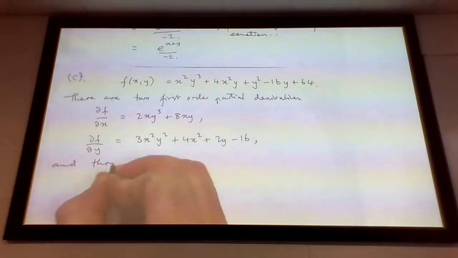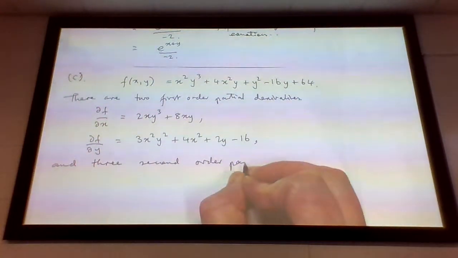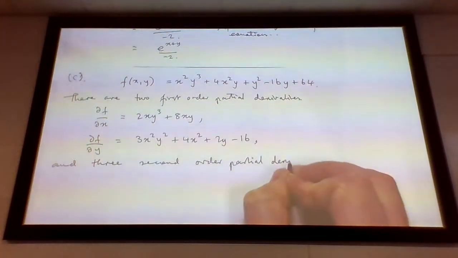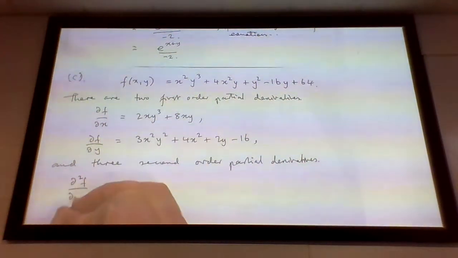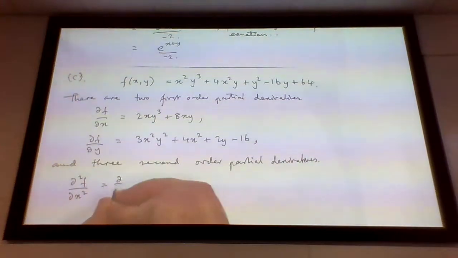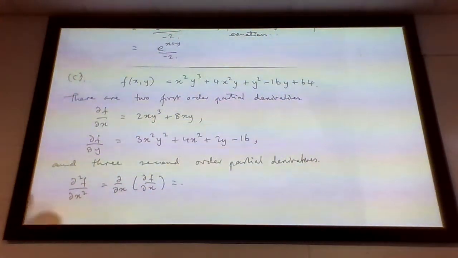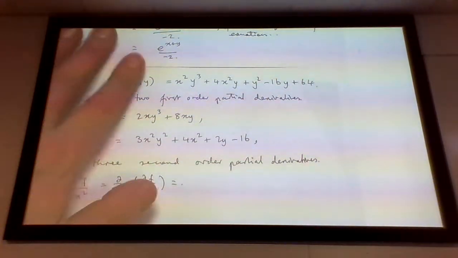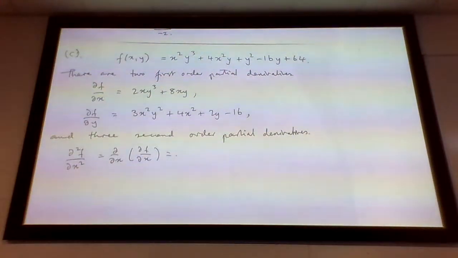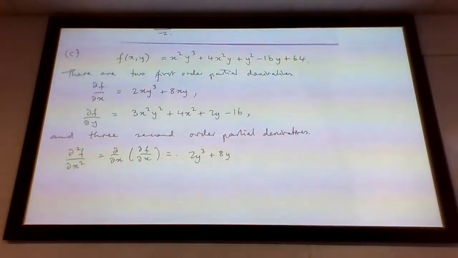And 3 second order partial derivatives. They are ∂²f/∂x², which is ∂/∂x of ∂f/∂x. It's helpful just to indicate clearly that you understand that. So you take the first derivative and you differentiate it again with respect to x. So this is going to leave us with 2y cubed plus 8y.